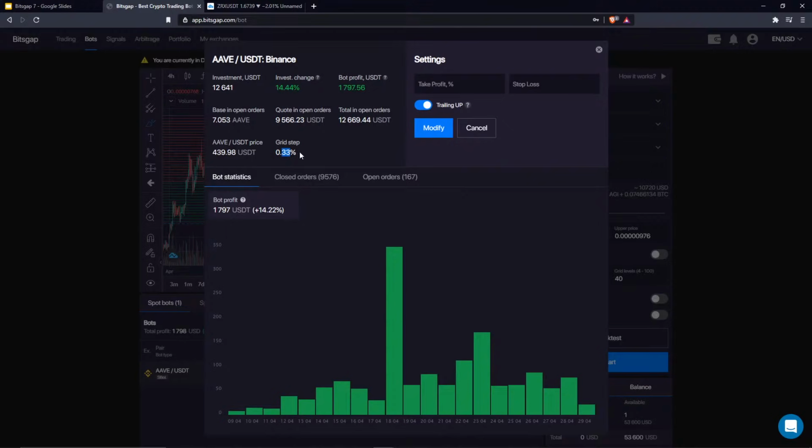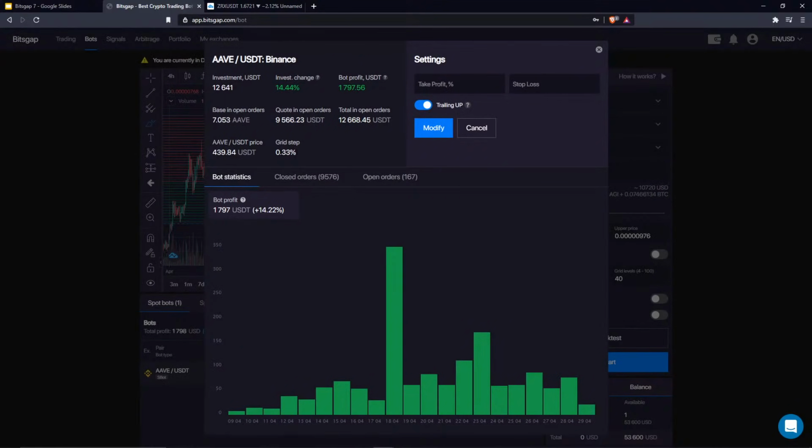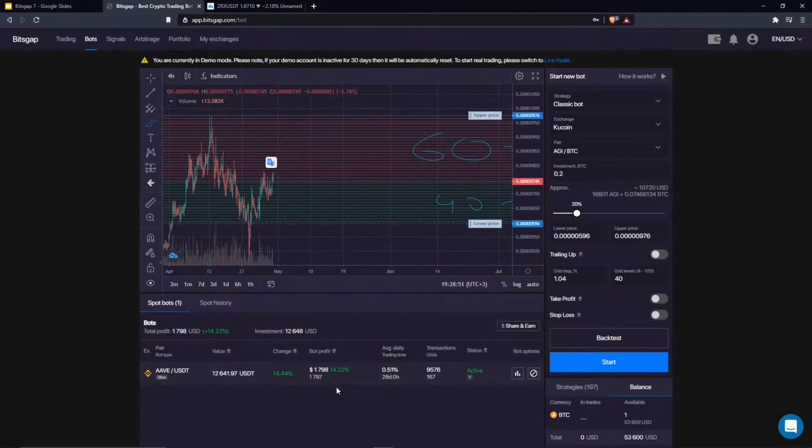So as a result of this grid step, I only have 14% generated by the end of this month, 28 days so far. If I had a grid step of around 1%, it would make me around 29% or something, maybe 35%.